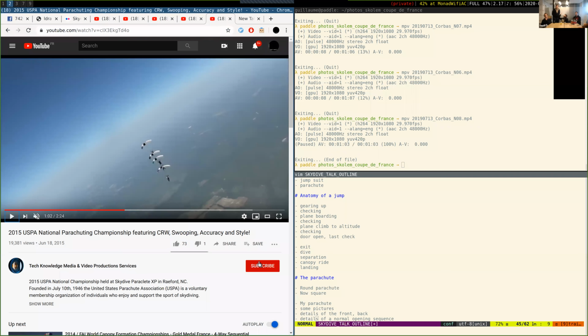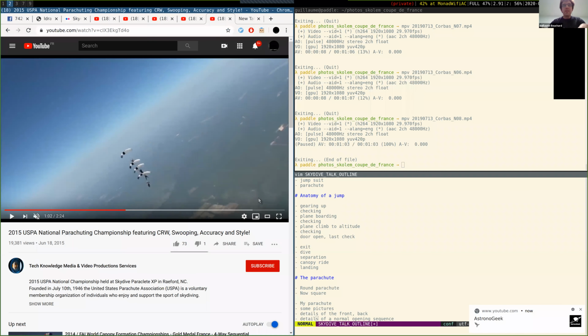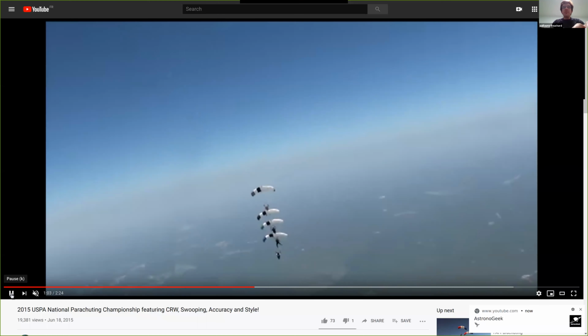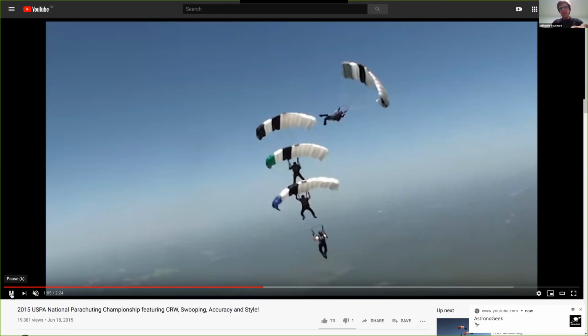One discipline I really like is canopy piloting, which is canopy relative work. Can you see the canopy formation?